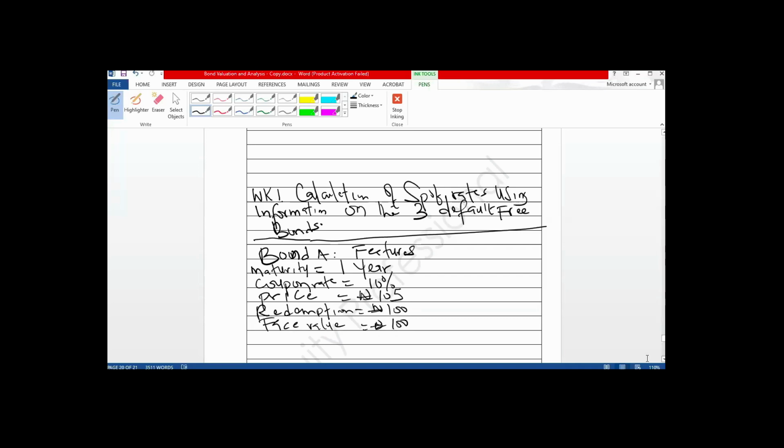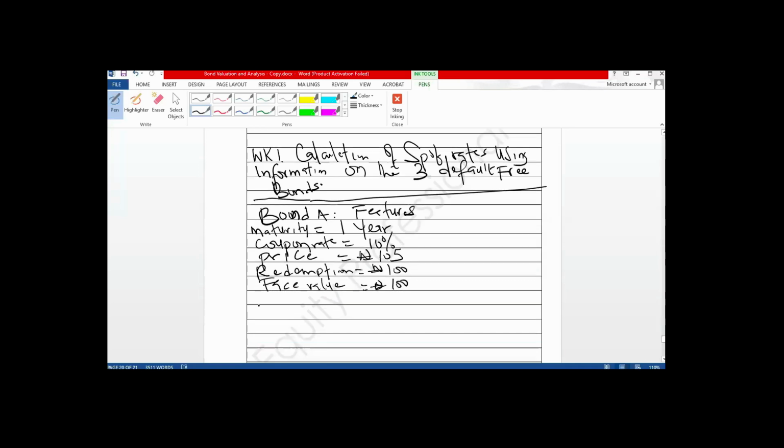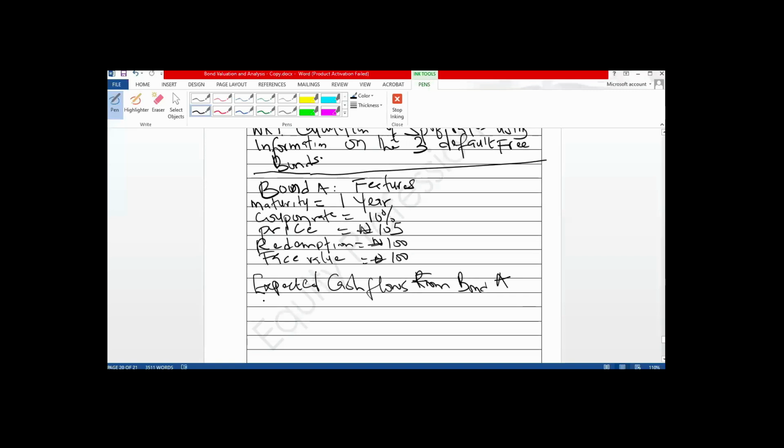Now, get the expected cash flow from bond A. Annual interest from year 1 to maturity is 10% of the face value, that will give us 10.